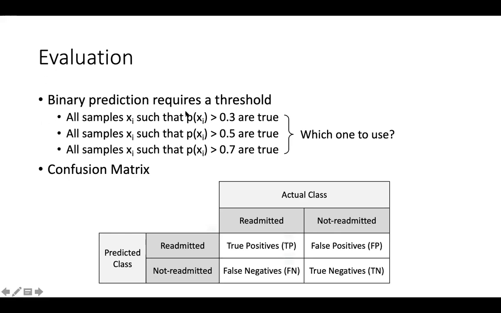And if you were to deploy your trained model, let's say that your model is 99% accurate or whatever, and you want to sell that to a client, you could sell it to a hospital, or to an IT company or whatever. You need to decide which threshold you would use for binary prediction.